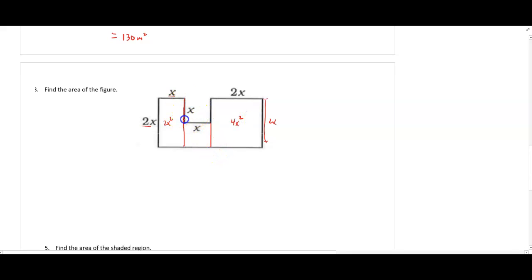Now, if this is x and this is 2x, this piece here is going to be x. And if that's x, the area of this box is x squared. So the total area for this figure, all I'm going to do is add these areas up. 2x squared plus x squared plus 4x squared would give me 7x squared.